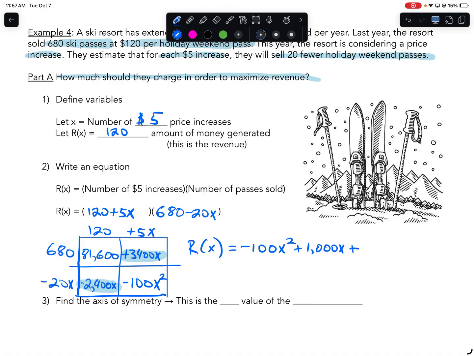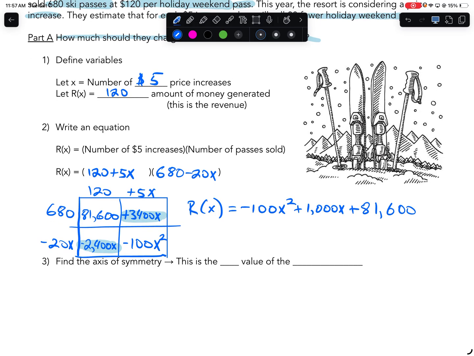And then the C term is 81,600. So we're going to find the axis of symmetry. So we have a equals negative 100, b equals 1,000, c equals 81,600.